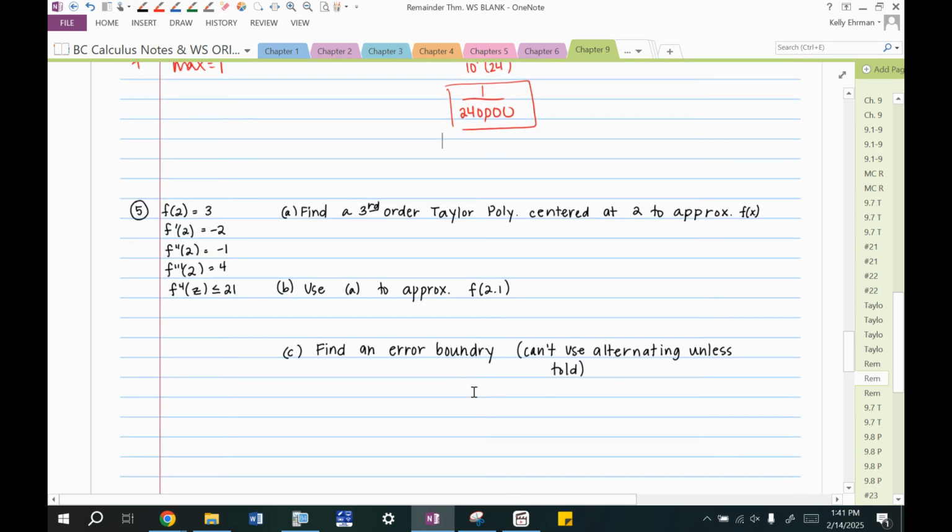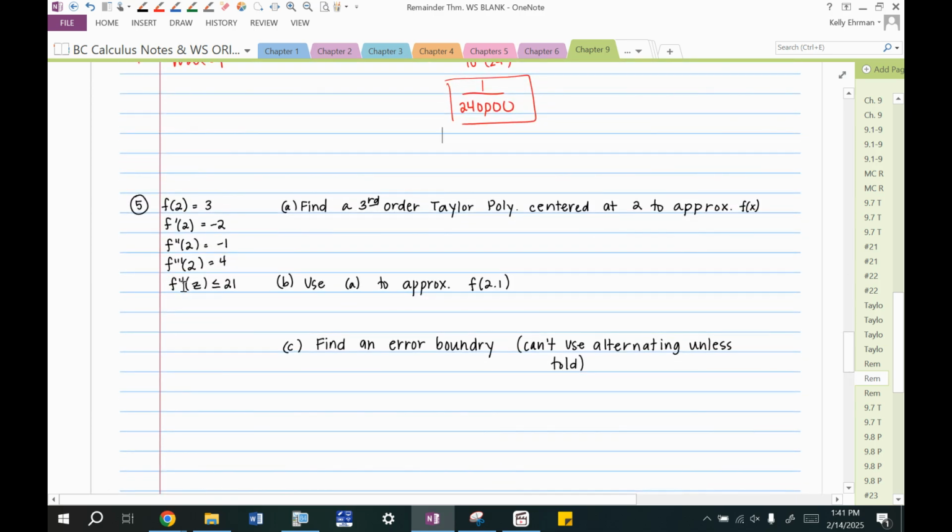Okay. This one's interesting because we don't have a formula to go off of. So find a third order Taylor polynomial centered at 2 to approximate f of x. So we don't know what f of x is. But remember, we can build it. These are the pieces to build it.